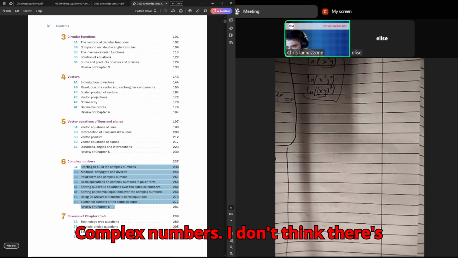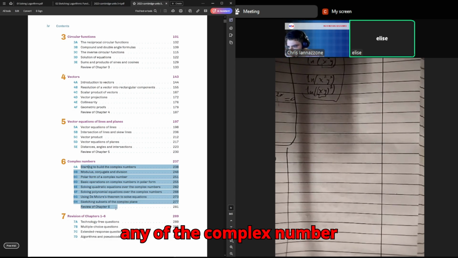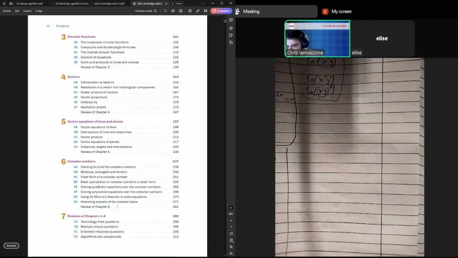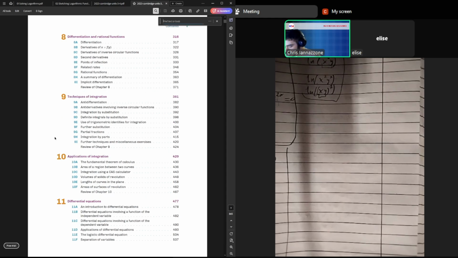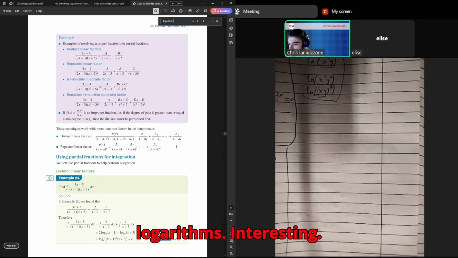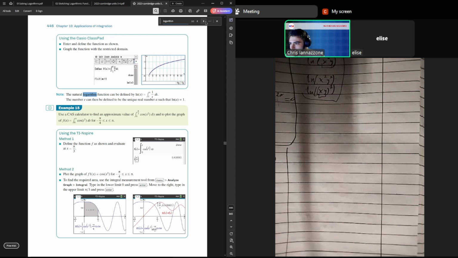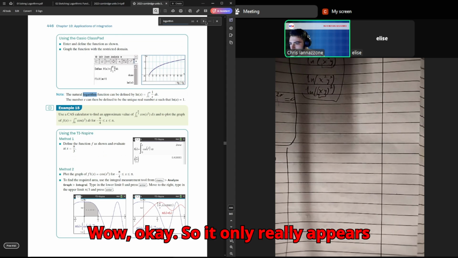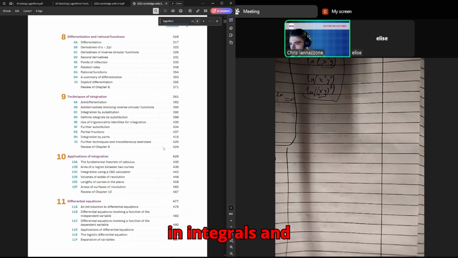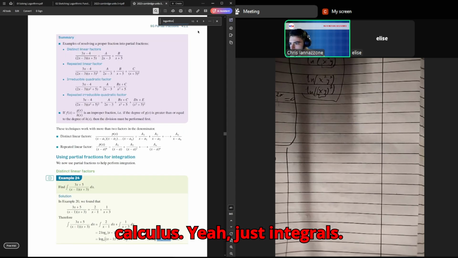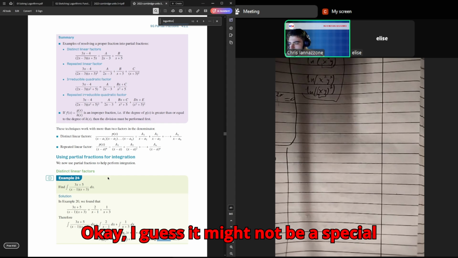I don't think there's any in the complex number chapter. Logarithm. Oh, there's two results for logarithms. Interesting. Wow. So it only really appears in integrals and calculus. Just integrals. Okay.